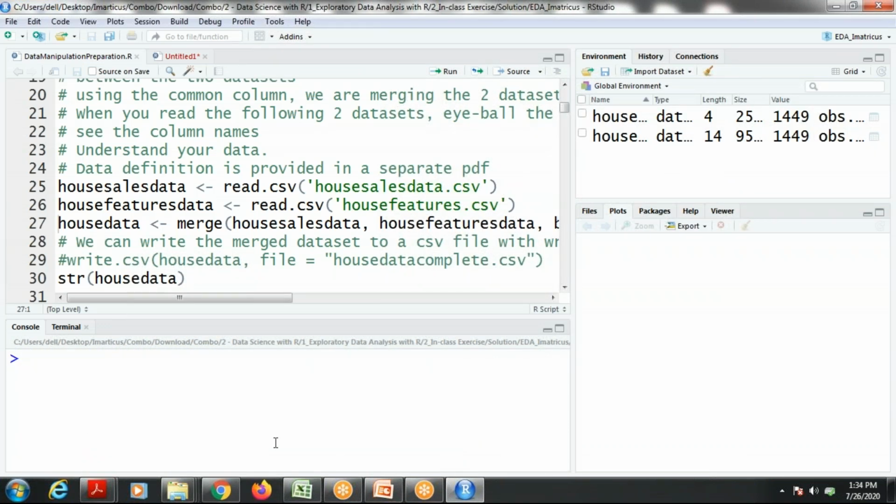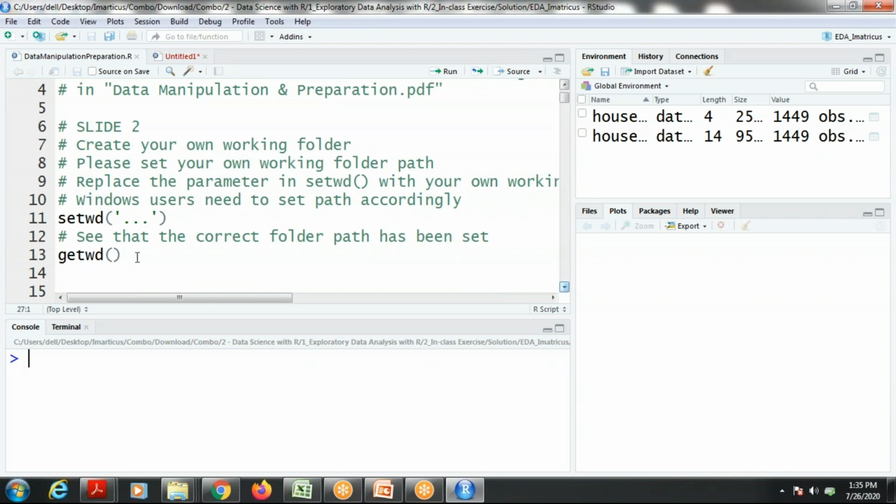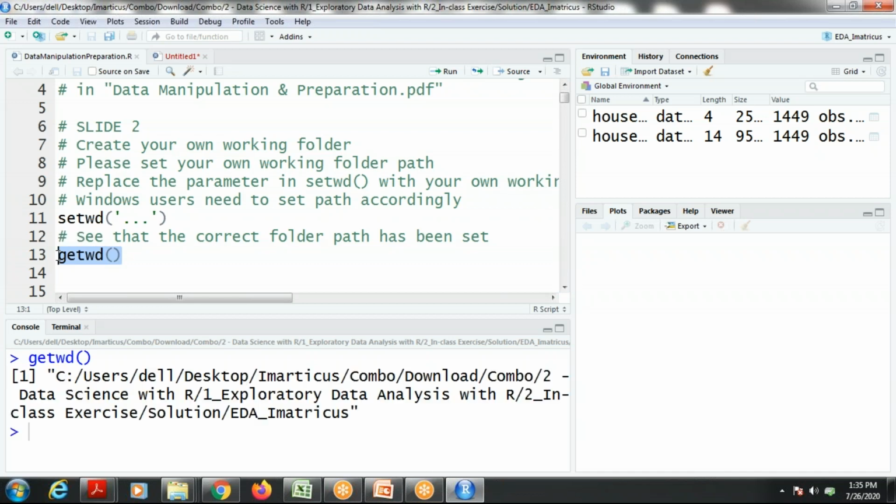There is a command for that, getwd, get working directory. The moment I hit it, it gives me the path where my current file and everything is being stored. The getwd command helps us find the folder where I am performing all the tasks.